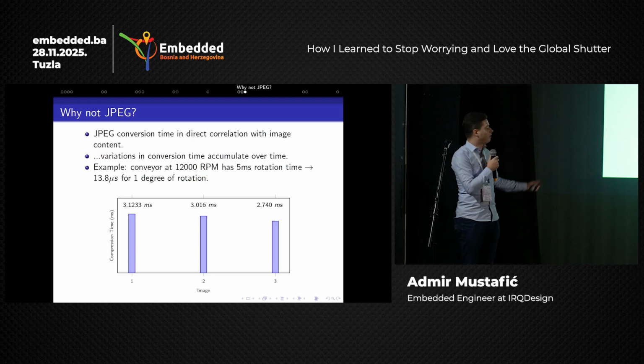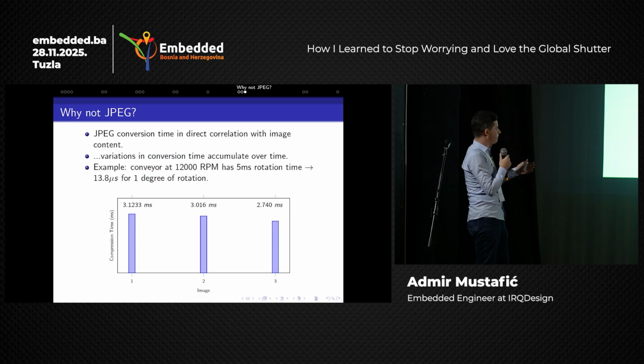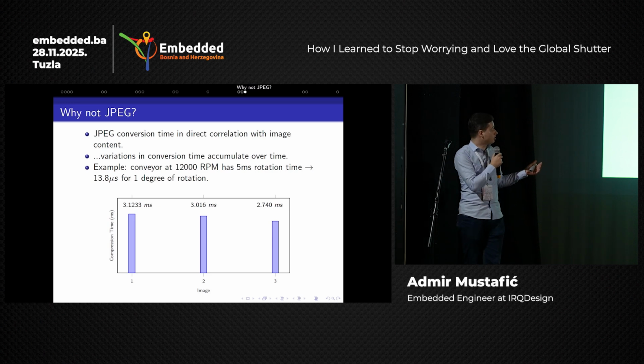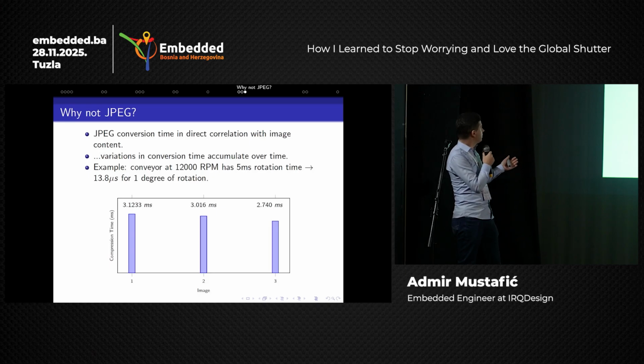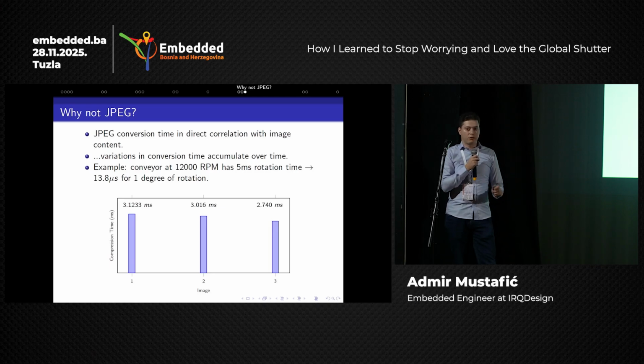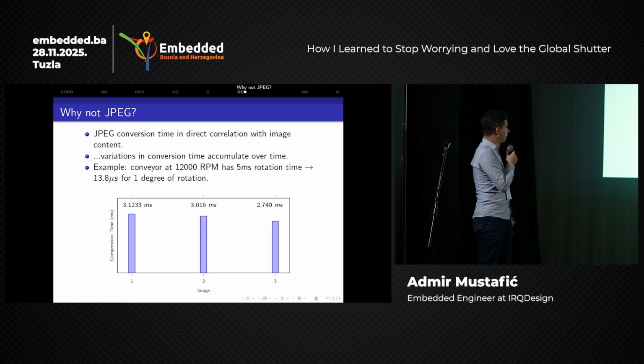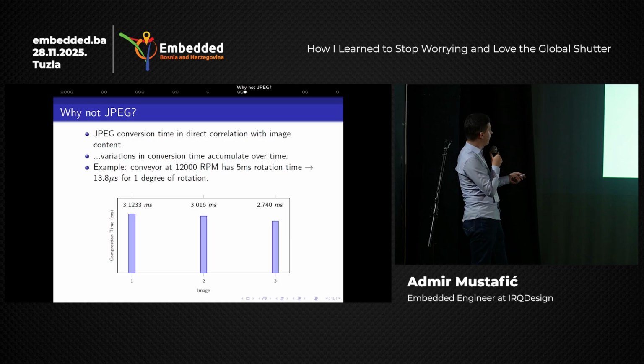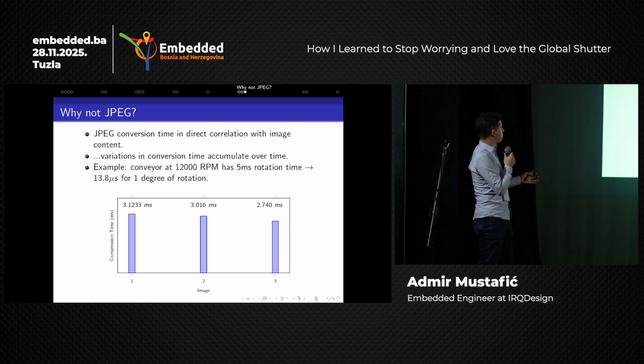But if we have a conveyor belt, for example, at 12,000 RPMs, it has a rotation time of 5 milliseconds. And thus, it has the rotation time of 13.8 microseconds per 1 degree. So, the smallest difference here is around 107 microseconds.